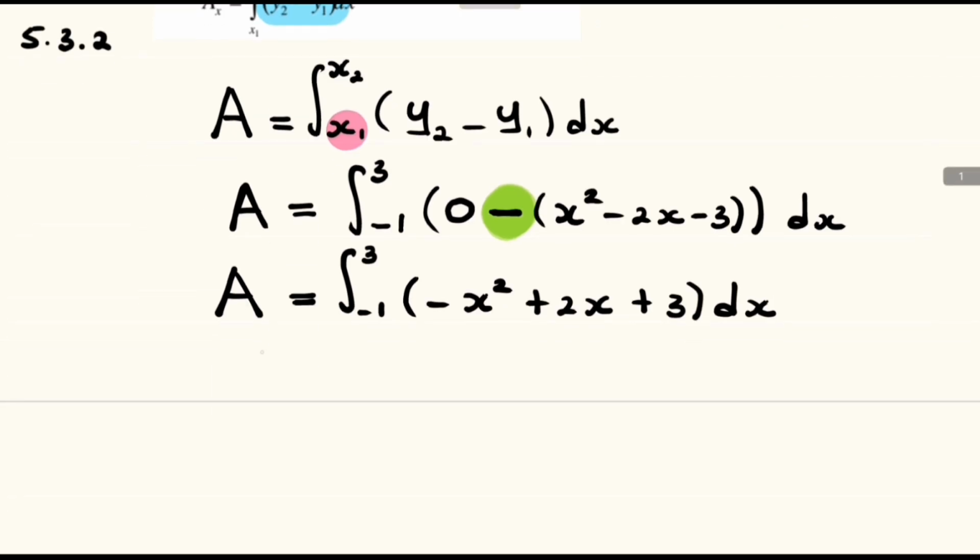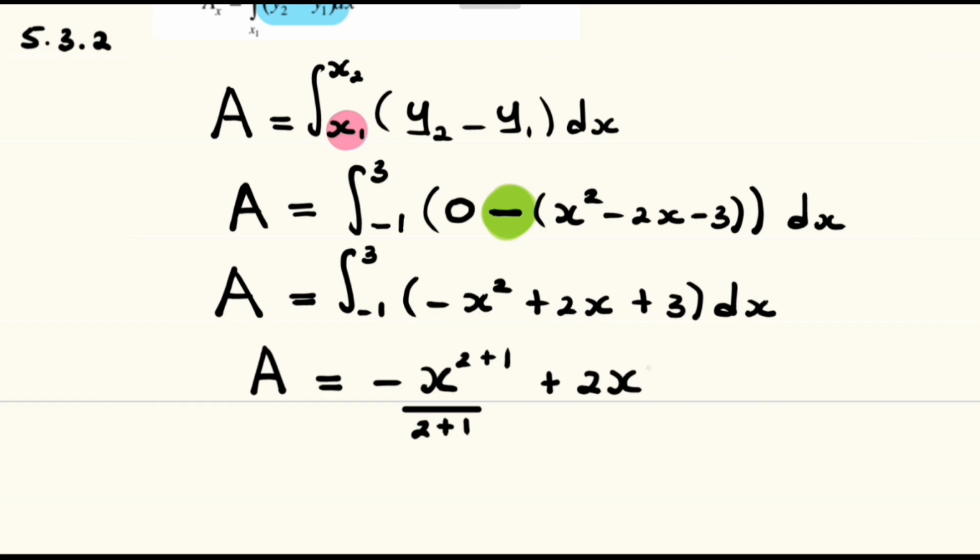Our area will be equal to the integral of negative x squared, which is negative x raised to the power 2 plus 1, and we also divide by 2 plus 1, plus 2 multiplied by the integral of x, which is x raised to the power 2 divided by 2, plus the integral of the 3, which is 3x.